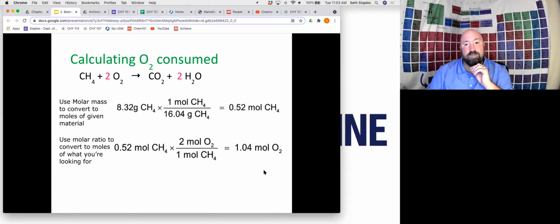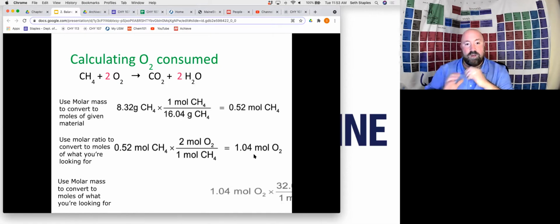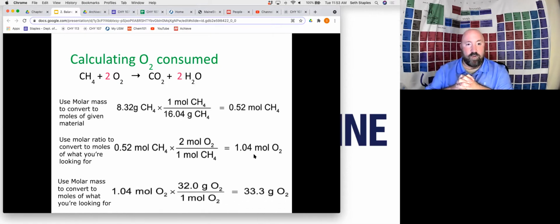And then finally, so now that we know how many moles of O2 we need, we're going to use our molar mass of O2 to convert to grams of O2. So we can see that if we start with 8.32 grams of CH4, we're going to need 33.3 grams of O2.